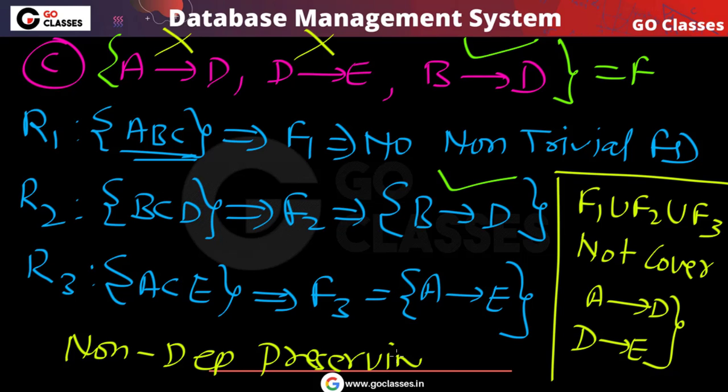The decomposition is the same, but the functional dependency set is different in each option. With respect to the functional dependency set given in option C, the decomposition is non-dependency preserving.